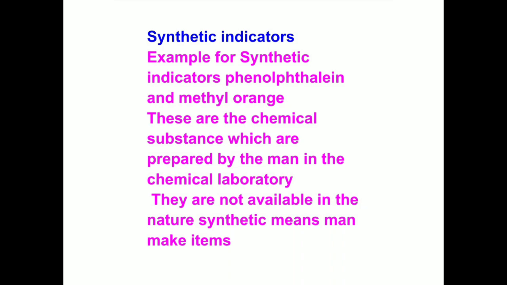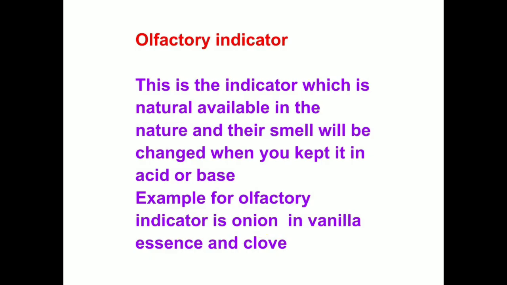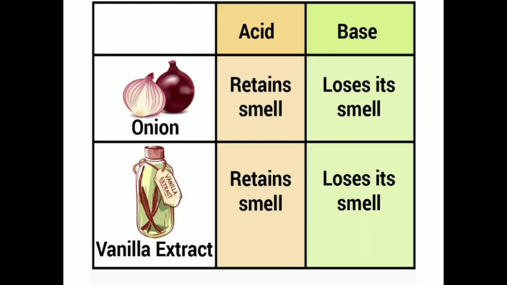And the last and important type is olfactory indicators. This is very important. So, what do you mean by olfactory indicators? This is an indicator which is naturally available in nature and whose smell changes when you keep it in acid or base. Examples of olfactory indicators are onion, vanilla essence and clove.